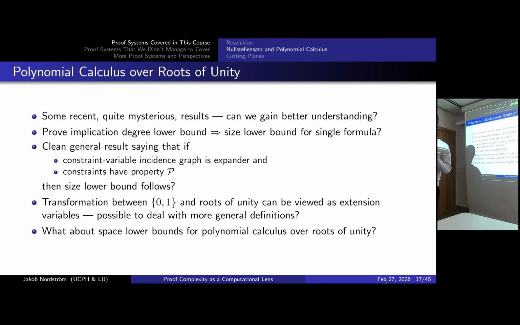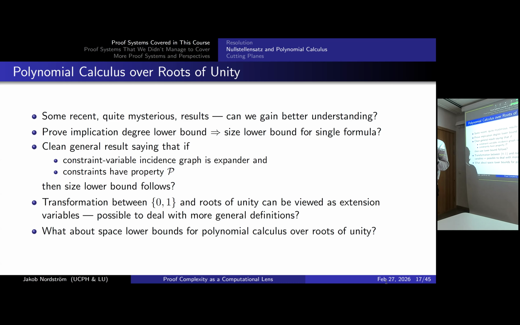So there are lower bounds where you have polynomial calculus and it can flip as it wishes between 0, 1 and roots of unity, and still we have exponential lower bounds. It would be very interesting to see if one could extend this to even stronger settings. And there are some results along these lines, and unfortunately in some of the latest papers there are some claims that seem to be a little bit problematic.